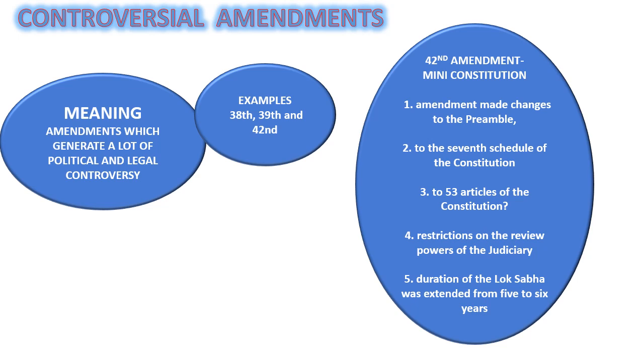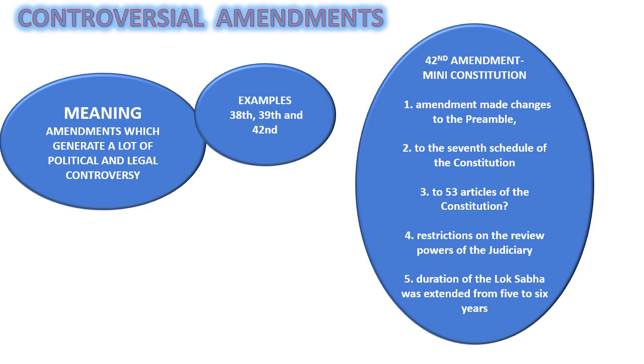The fourth category is controversial amendments. This means that any amendment made to the constitution that is able to generate a lot of political disagreements, a lot of legal disagreements, we term as controversial amendments.